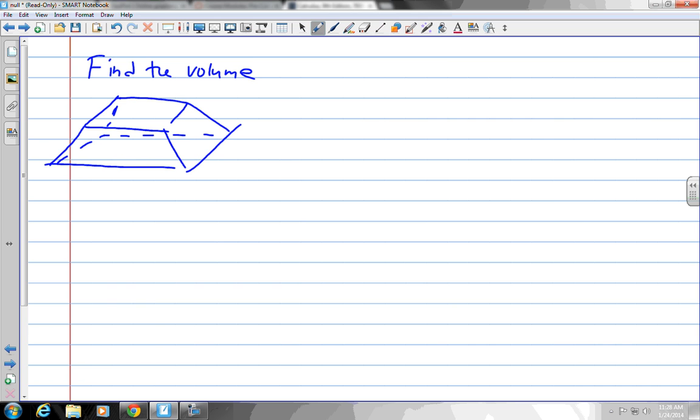What do we call this thing? Yeah. So it's a square base. Okay? No top. If I throw some dimensions on it, let's call this side B, this side A, and the height is H.